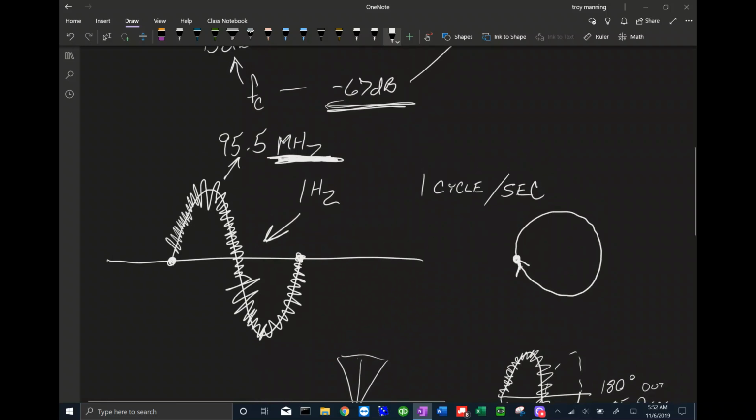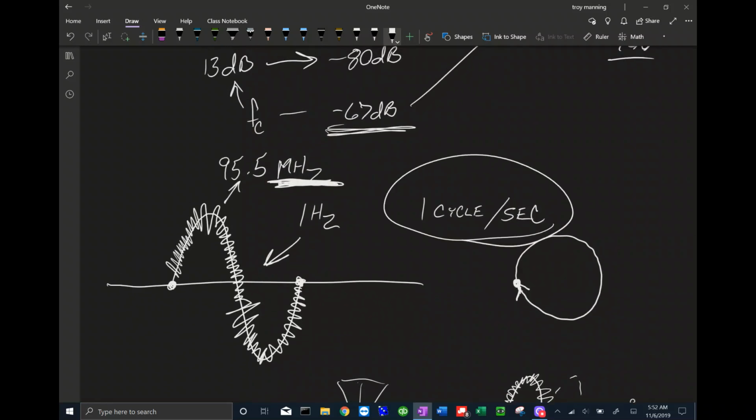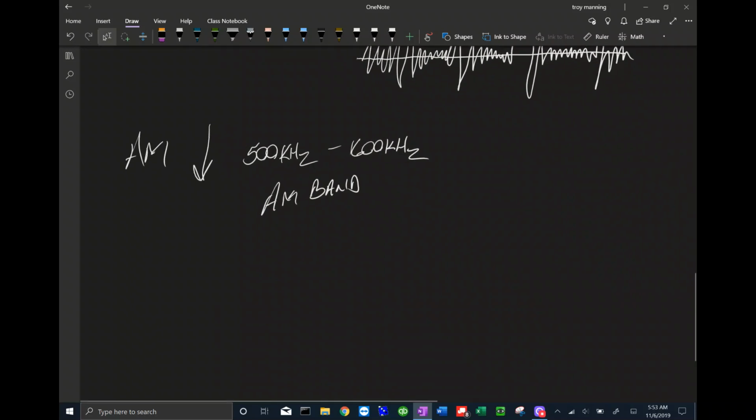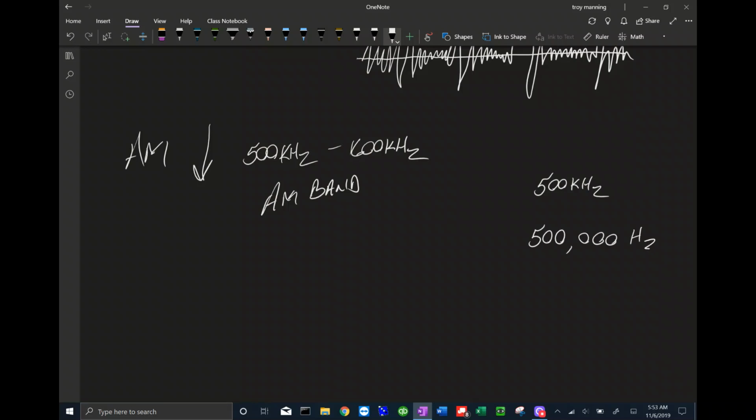Let's go back up here to this 1 cycle per second, right? That would be 1 hertz. So if we're talking about hertz as in a frequency, say a 500 kilohertz signal, 500 kilohertz, right? That would be 500,000 hertz.